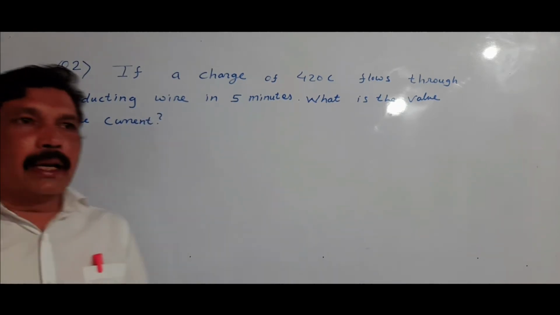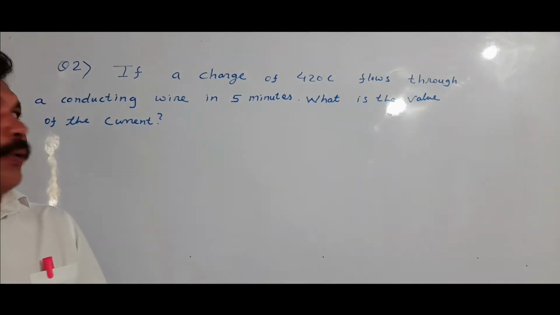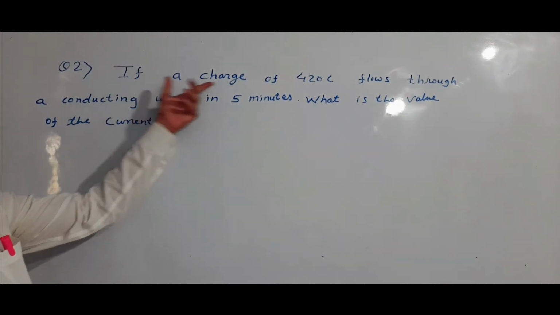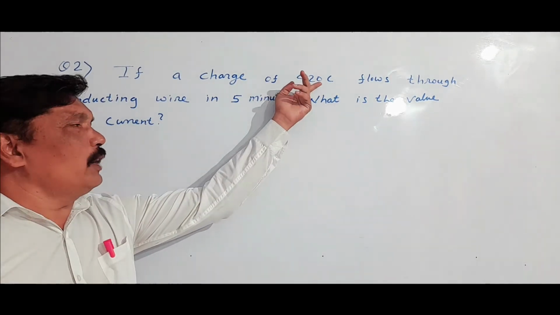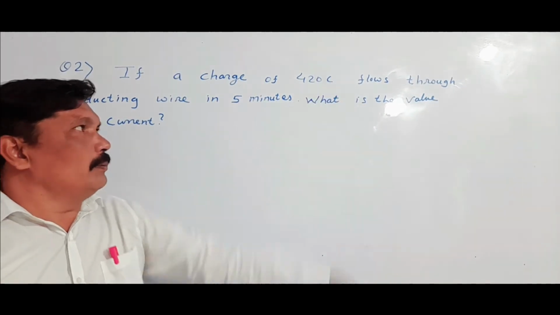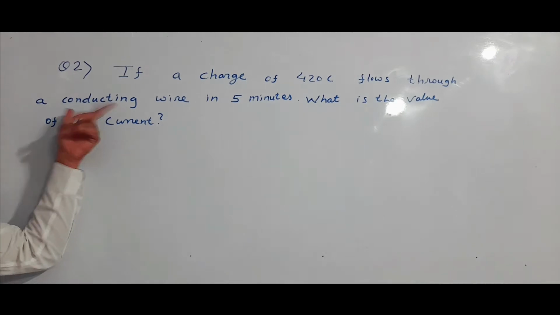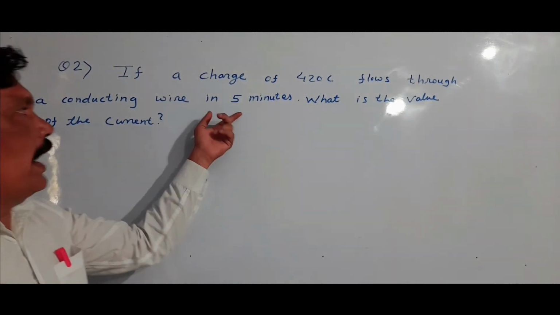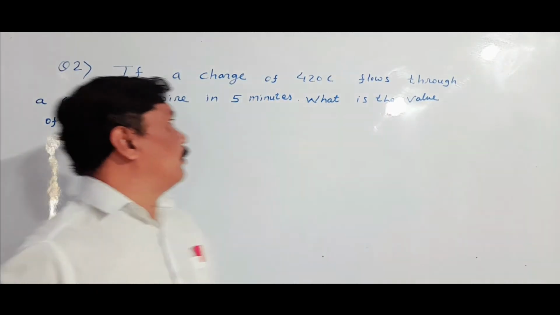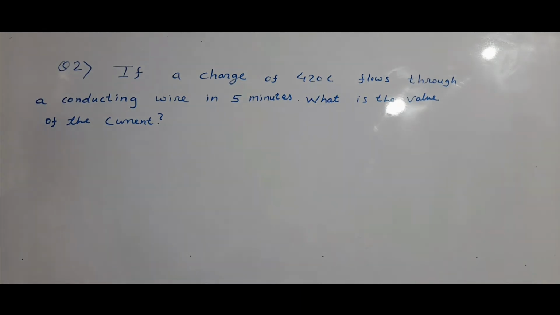Let's have brainstorming over the problem first. If a charge of 120 coulomb flows through a conducting wire in 5 minutes, what is the value of the current?